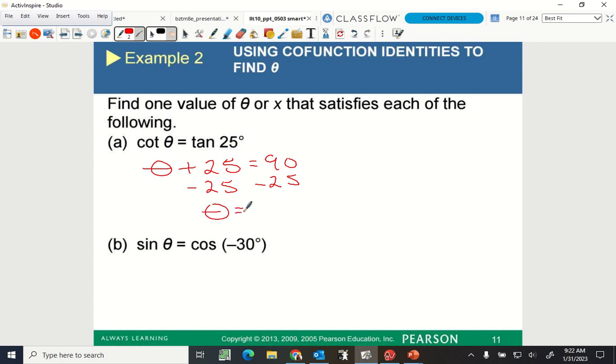Theta is 65 degrees. Yes. Muy fácil? Muy fácil. All right, this next one. Same thing. Set it up the same way. Theta plus a negative 30 equals 90.